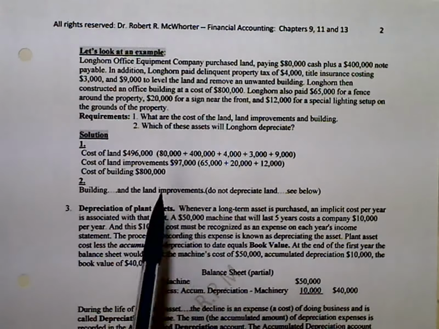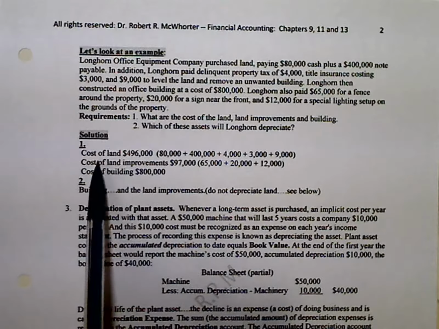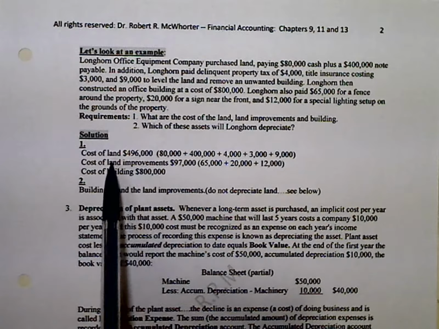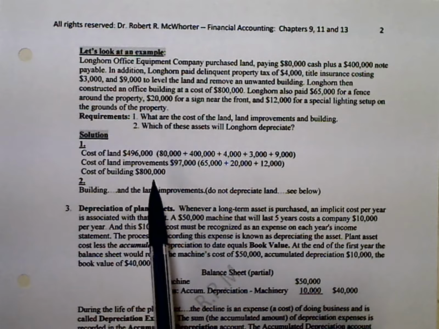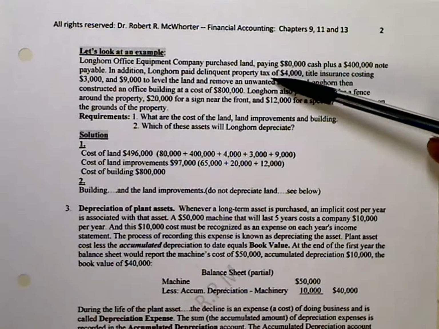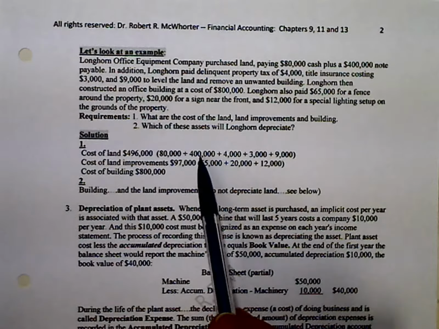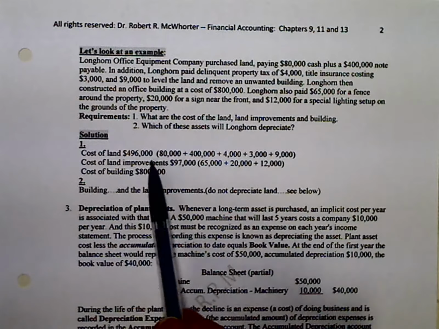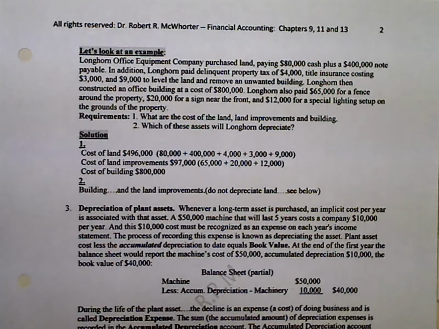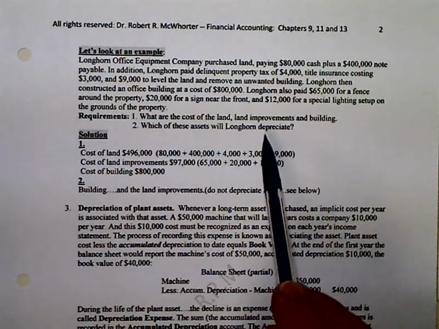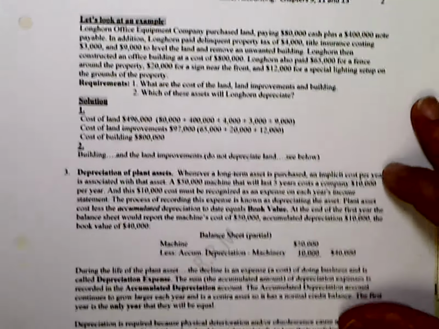And so I'm asking you to follow along right now. At the end of the day, the cost of the land, the total debits to that land account, with this set of facts, we can see it should be these items right here added up. The cost of land improvements and the cost of the building. So follow through on that and check those numbers.